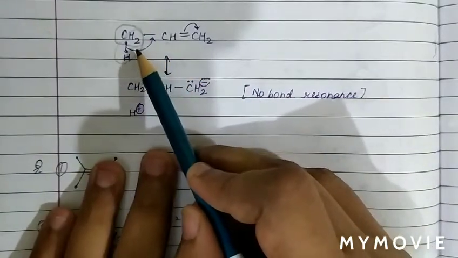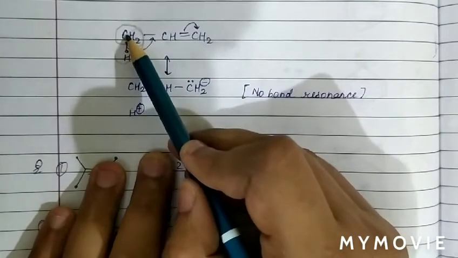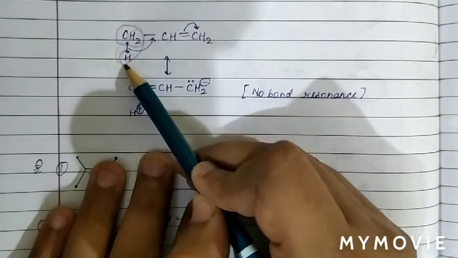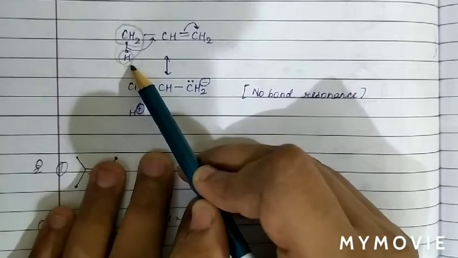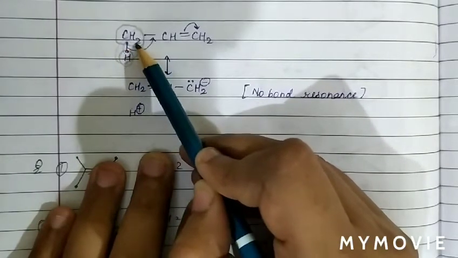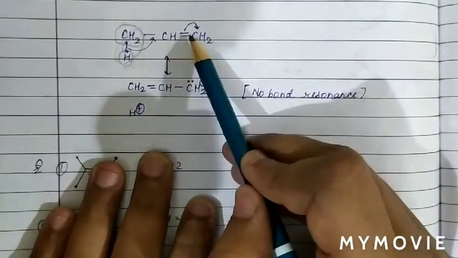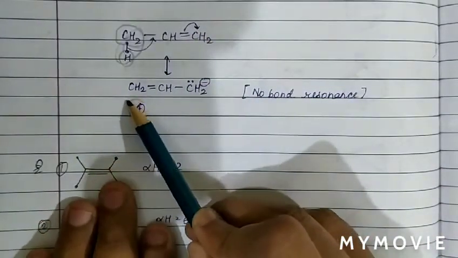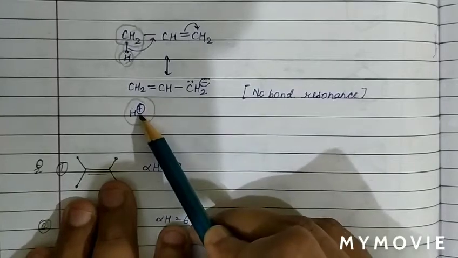In hyperconjugation, the bond between the alpha carbon and hydrogen breaks, and the hydrogen changes into H plus, a free ion. The electron pair of this bond shifts between the two carbon atoms, and one of the alpha hydrogens leaves as an H plus ion.